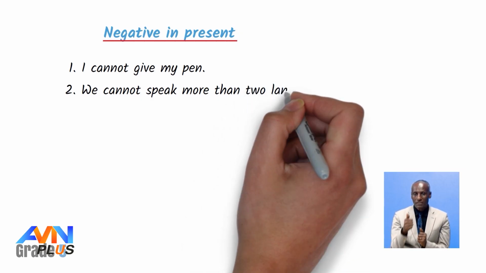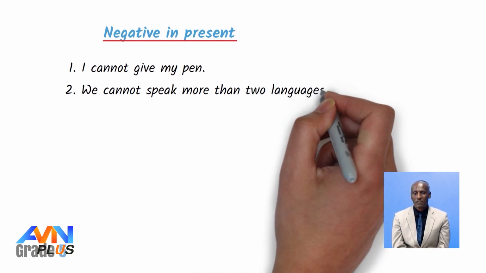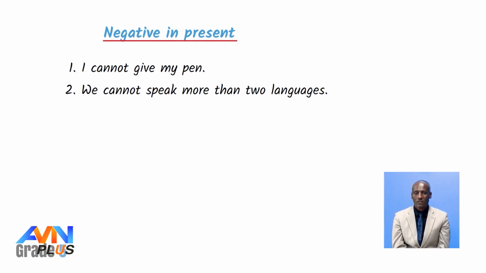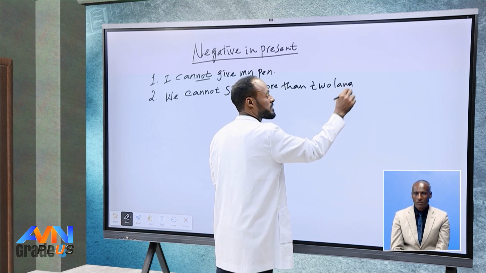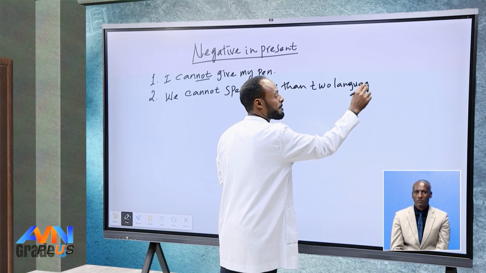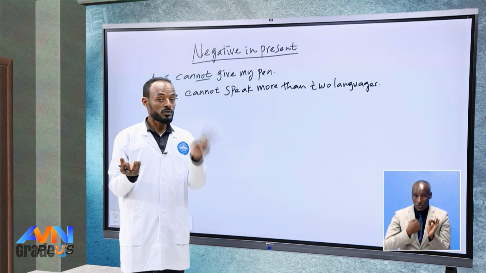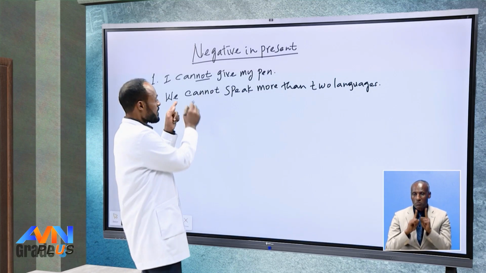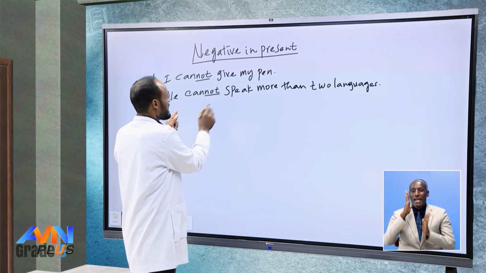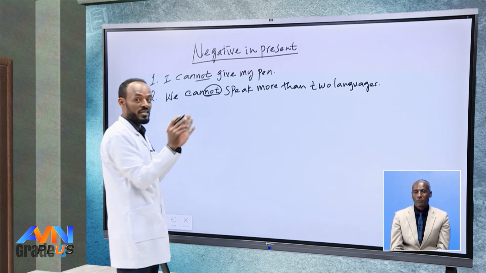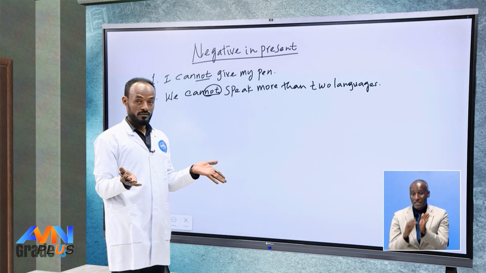We can't speak more than 2 languages. This means we can only speak how many languages? 2 languages. So we have to say not here. This not indicates that something is negative.